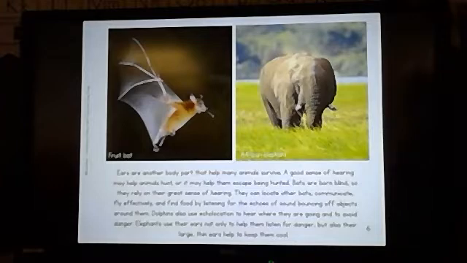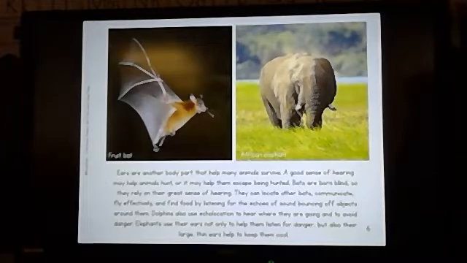Ears are another body part that help many animals survive. A good sense of hearing may help animals hunt, or it may help them escape being hunted. Bats are born blind, so they rely on their great sense of hearing. They can locate other bats, communicate, fly effectively, and find food by listening for the echoes of sound bouncing off objects around them.